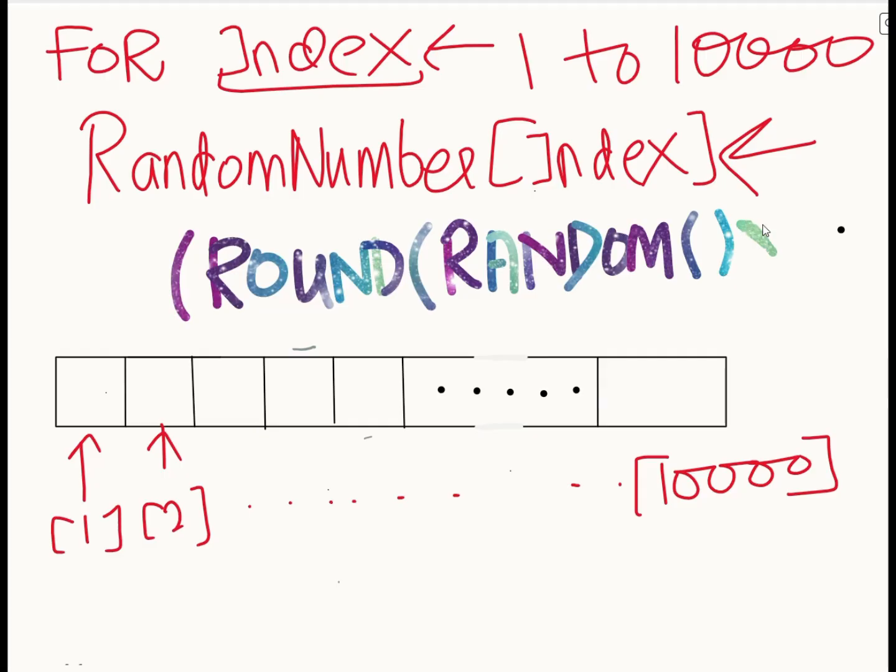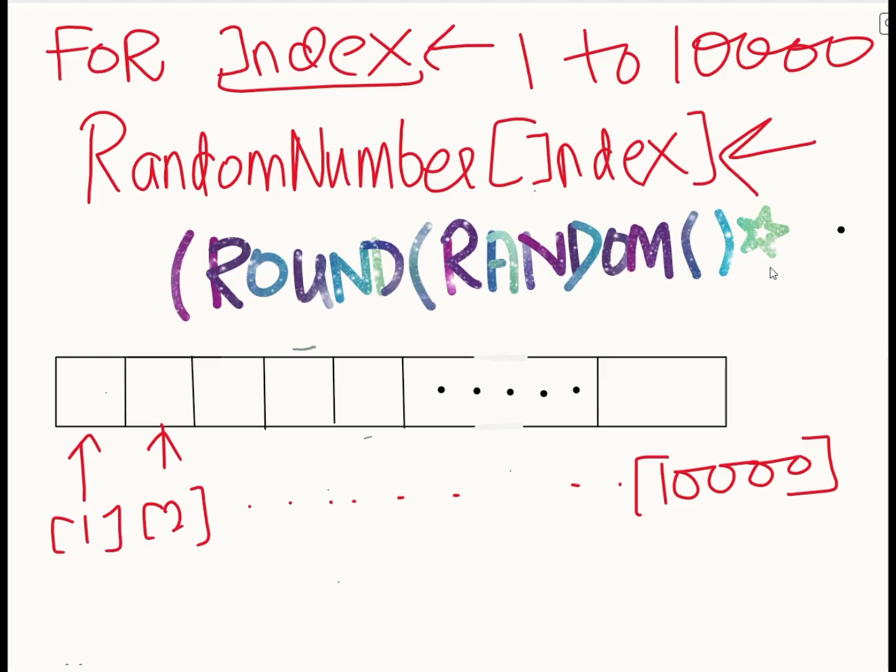Now you have to multiply it with upper bound minus 1. What is the upper bound for the range of random numbers? The random number should be between 1 and 10 inclusive. So 10 is the upper bound, right? Like we have to generate 100,000 numbers in the range of 1 to 10.